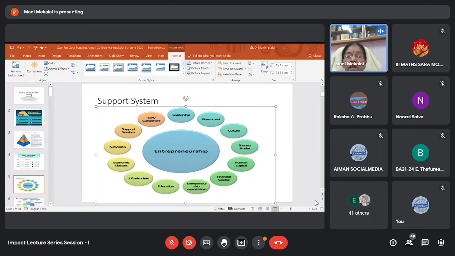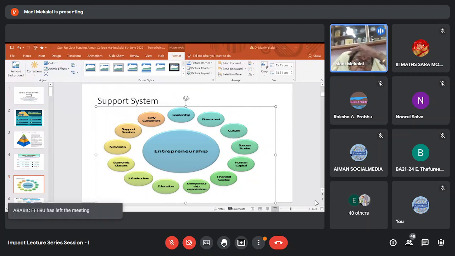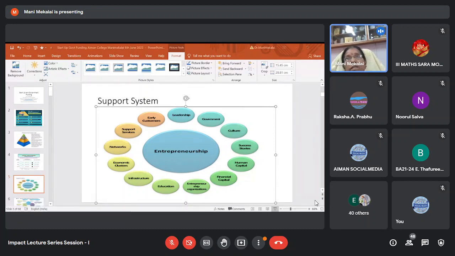Land, labor, capital, and organization, what we call in economics the 4 factors of production, are very much required for the startup. Then entrepreneurship organizations, like we have the Women Entrepreneurs Association, we have the Tiruchirappalli Tiny and Small Industries Association, and so on. They are all associations for industries, and it is also required.